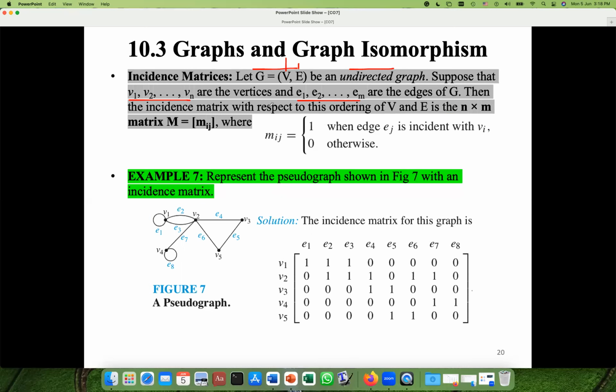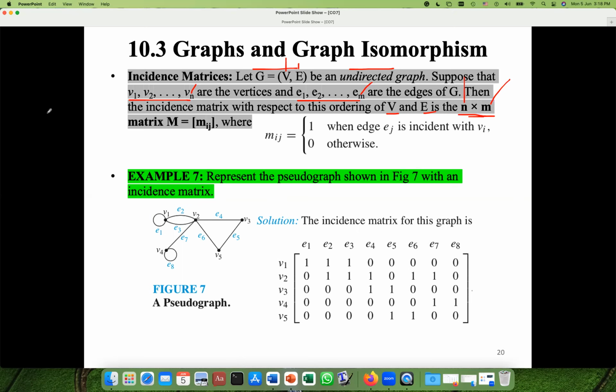N is the last vertex, M is the last edge. Then the incidence matrix would be the ordering of vertices and edges, and its order would be N cross M. These are the number of rows, these are the number of columns.